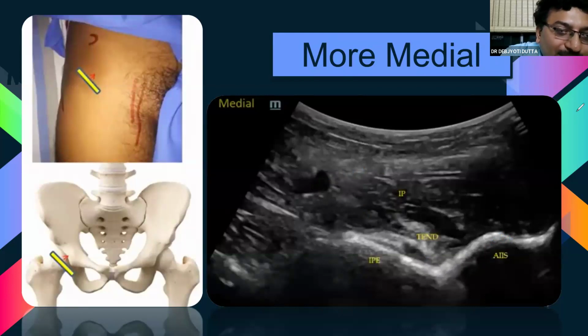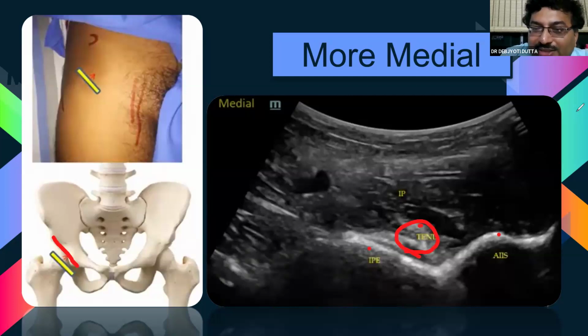The arrow is already given, I am not drawing. Here my probe is like this. Here we are seeing the anterior inferior iliac spine, the iliopubic eminence, and we can see the tendon. This tendon is the psoas tendon, the iliopsoas tendon.